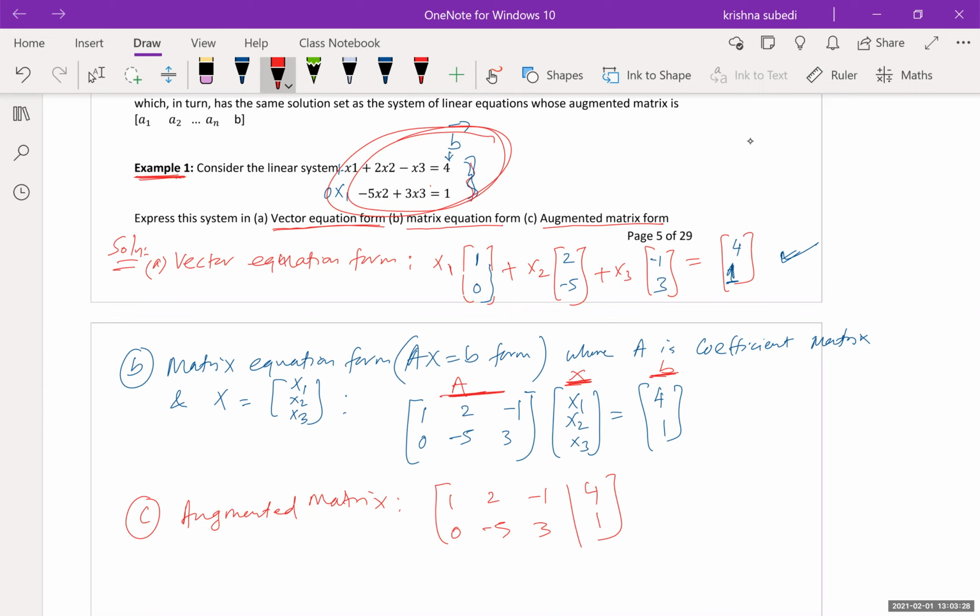Sometimes some form will be easier to deal with. So you should know that a given system can be expressed in different forms. Whatever form you find easiest for that particular situation, go for it. They represent the same thing. They will have the same solution set.